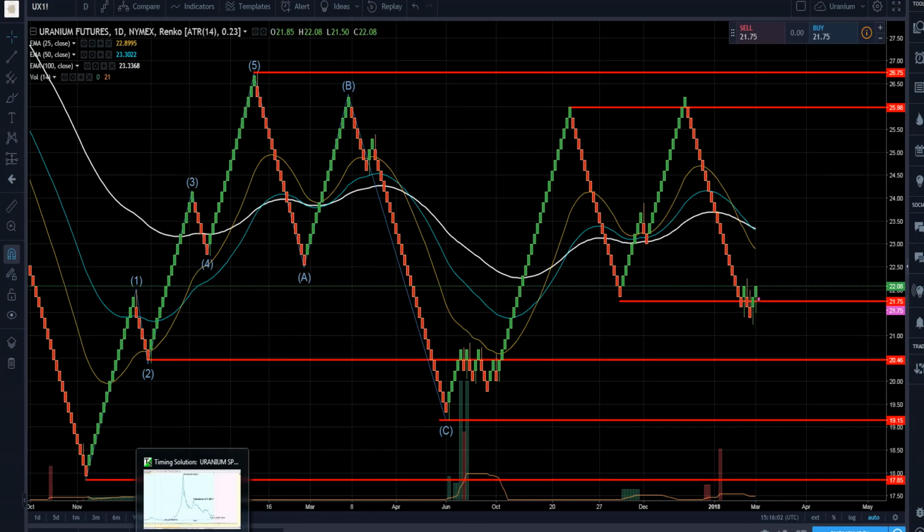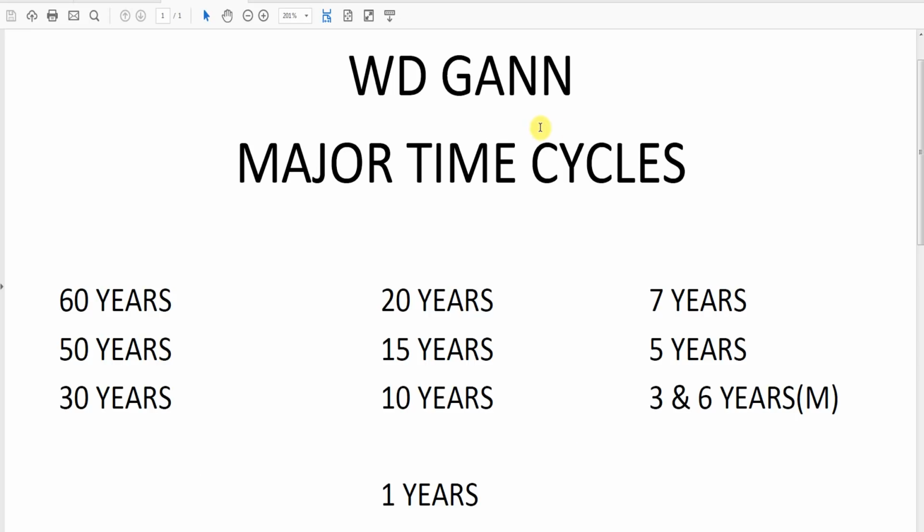What else I wanted to go to? Let's go into cycles. WD Gann's major time cycles. WD Gann had different theories and research, and he looked at the markets of different classes, if you want to say. He looked at the markets and figured out, doing research, that these are prominent cycles to watch.